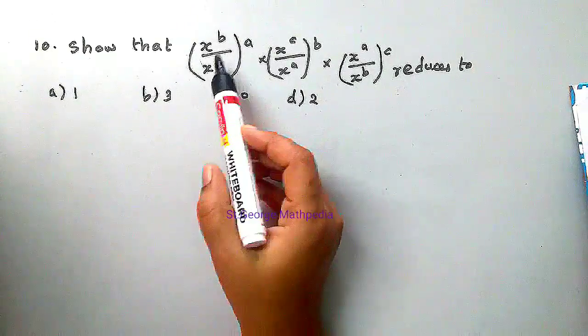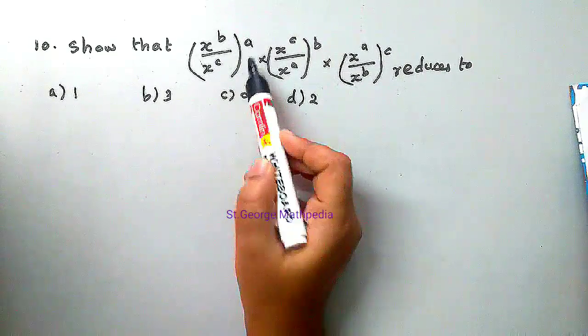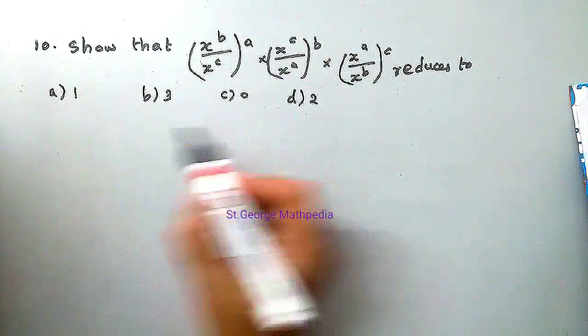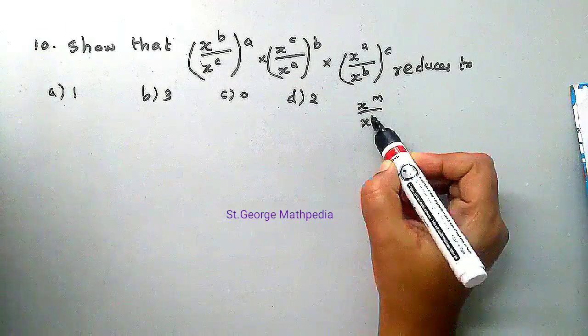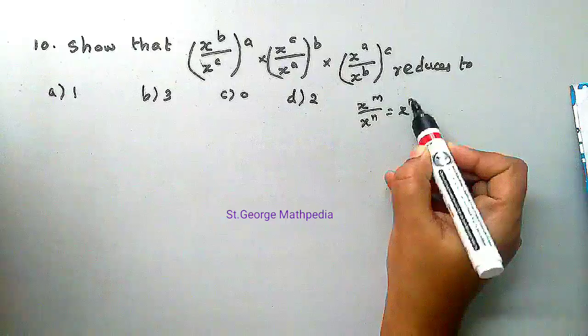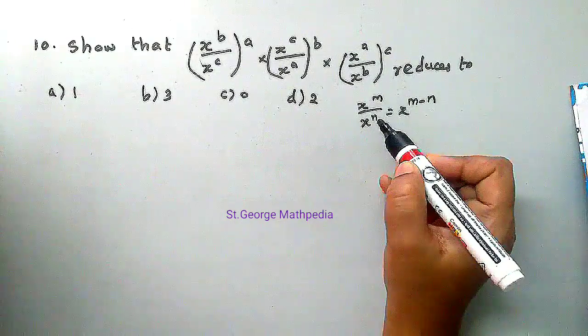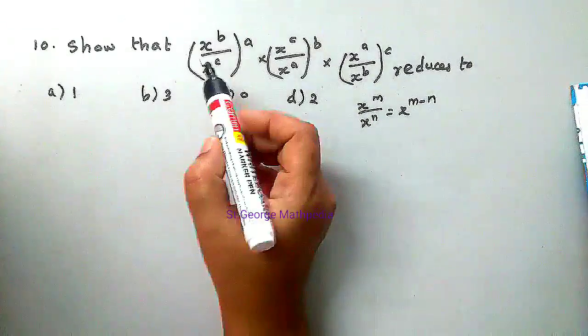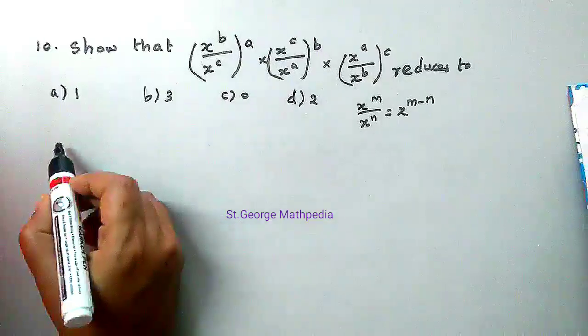Okay, 10th problem. (x^b / x^c) whole power a. We know that x^m / x^n is x to the power of m - n. If the terms are in division, you can subtract the powers. So here we have the same base x, so you can subtract the powers.